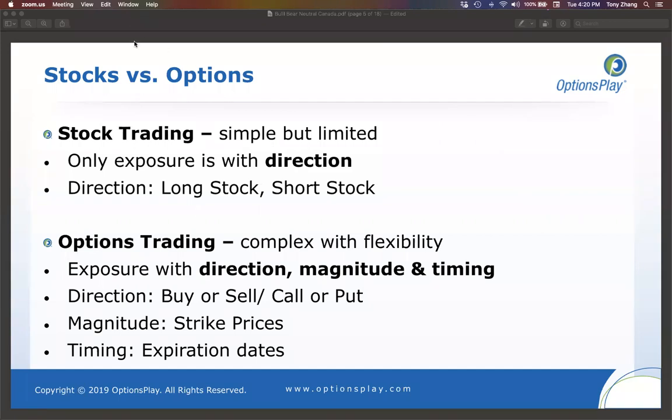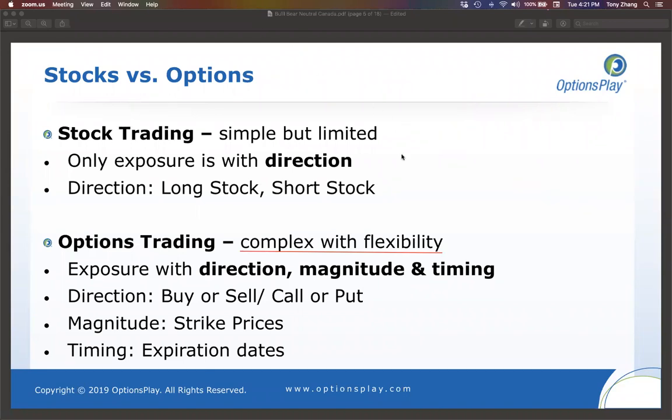Now, with options, you have a lot more complexity, but with that complexity brings flexibility, meaning you're going to have a lot more ability to trade and be able to express different outlooks in many different ways, because sometimes we don't just always have a straight bullish or bearish view on an underlying stock.